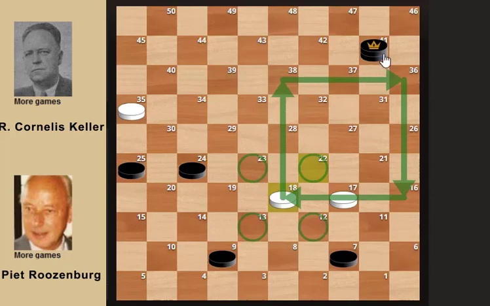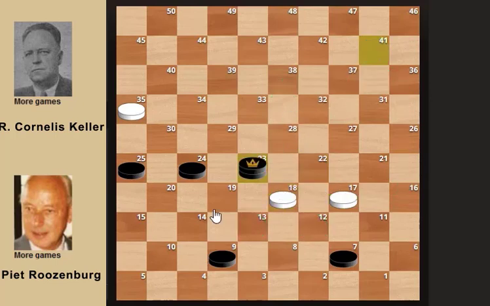So Roozenburg moved his king from 41 to 23 to remove the piece at 18. And then the game was won by Roozenburg. So this is how the square diagram is used to calculate the moves.